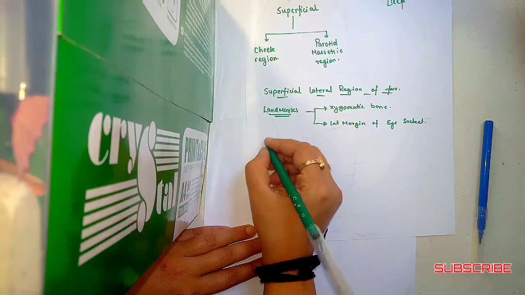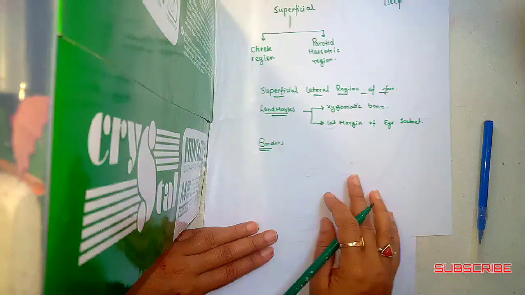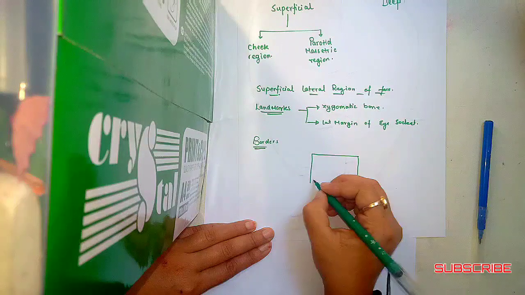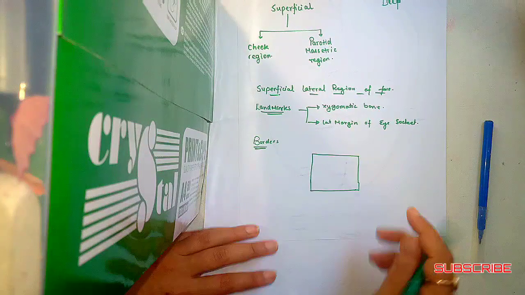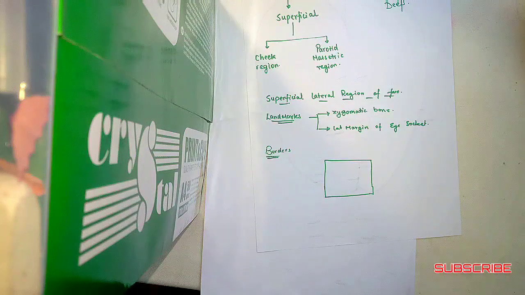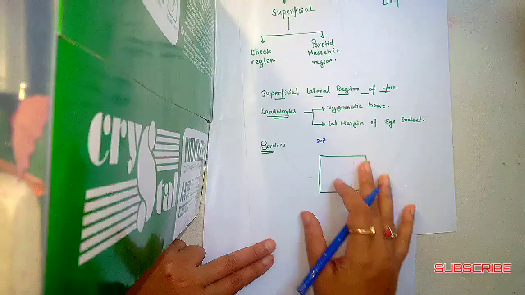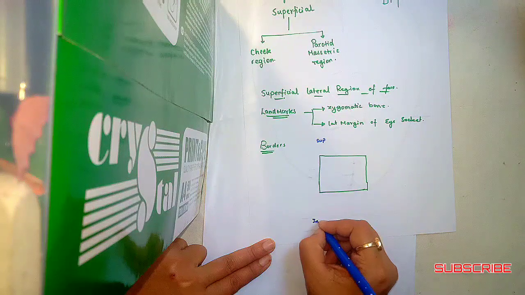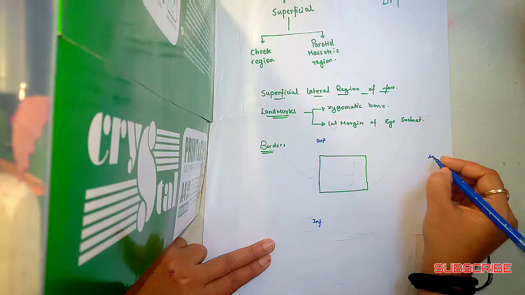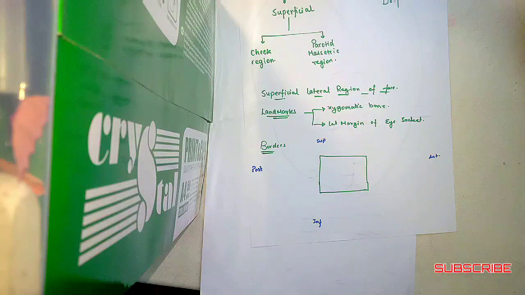Now borders. Here I draw a box. This one will be superior, this one will be inferior, this side will be anterior, and this side will be posterior.